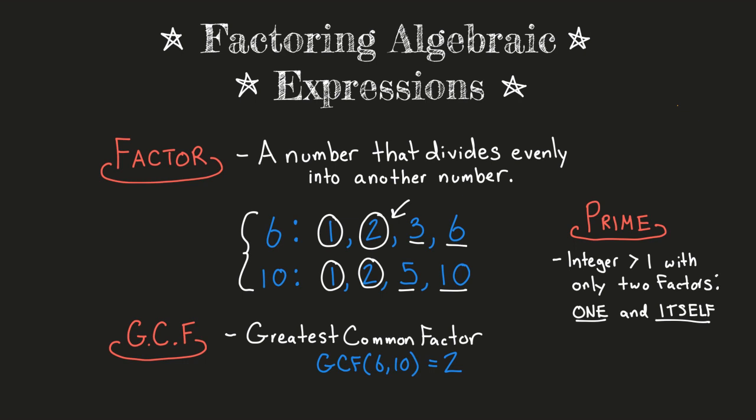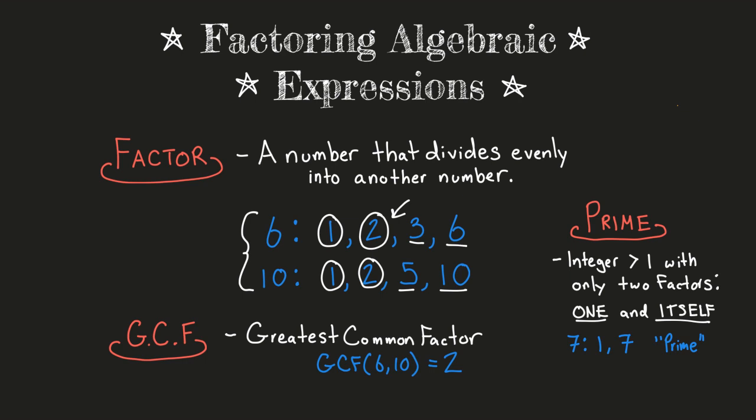If we try to think of the factors of 7, let's see, 1 goes into 7, 2 doesn't, 3 doesn't, 4 doesn't, 5 doesn't, 6 doesn't, but 7 does. So in fact, here we see that 7 is what we would call prime, because the only 2 factors are 1 and itself.